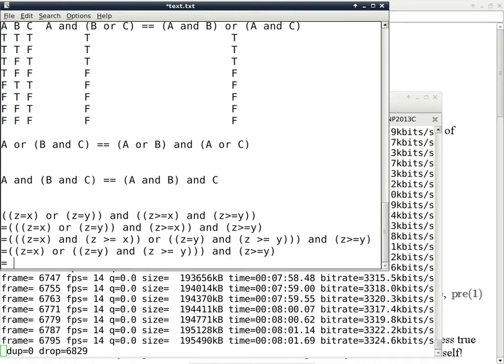Well, let's go ahead and just go through this and find out what it's going to do. Okay, we have another or here, and we have an and here, so we can reapply the distributive law. So we'll go ahead and do that part.